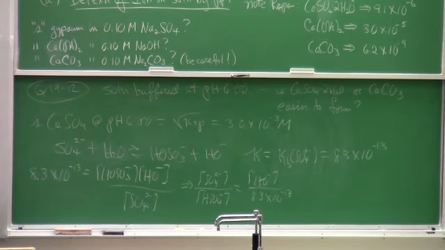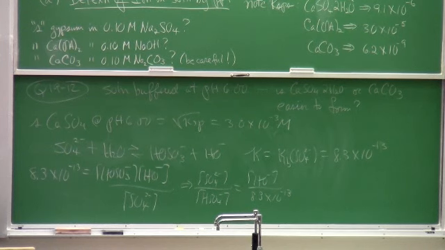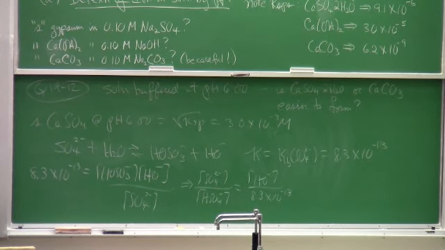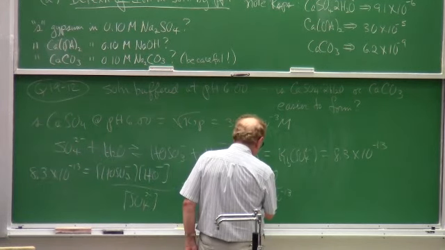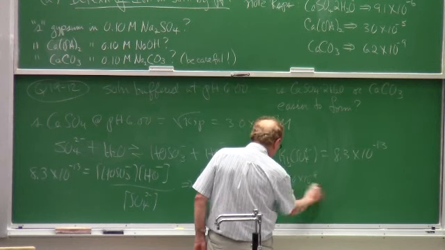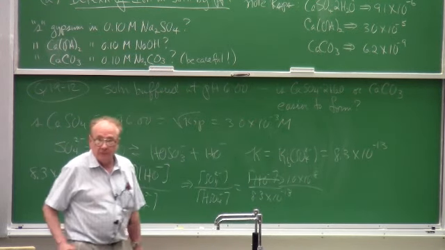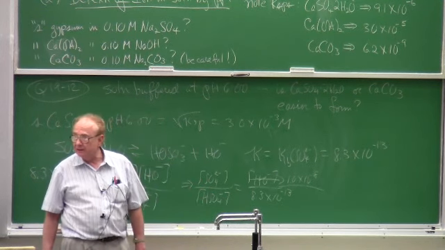Okay? Simple algebra rearrangement, nothing fancy about this. And at pH 6, what's the hydroxide ion molarity? Would you like to divide 1.0 times 10 to the minus 8 by 8.3 times 10 to the minus 13?